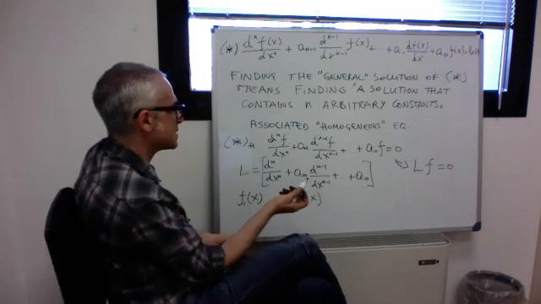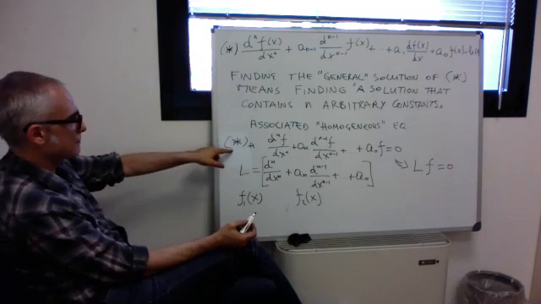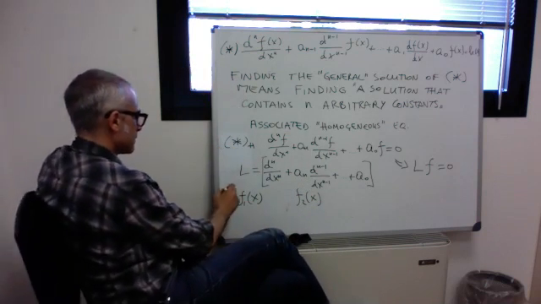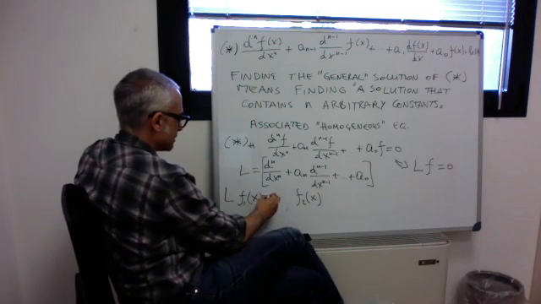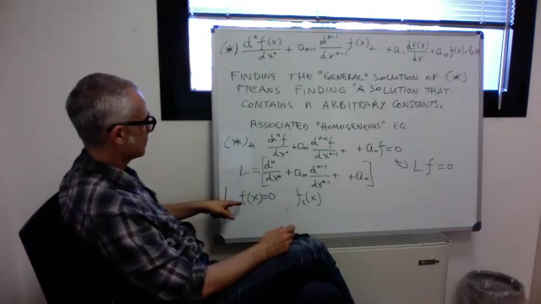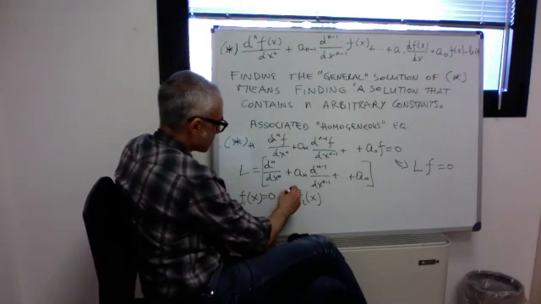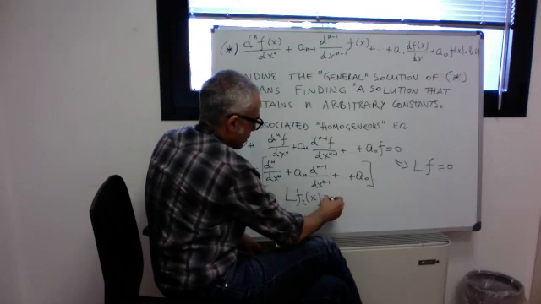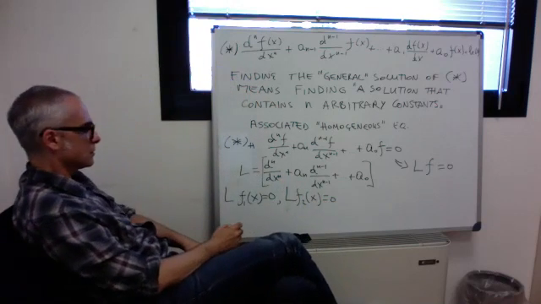So if they both solve equation star, by definition, it means that this operator L applied to F1 gives me 0, and the same when I apply it to F2.